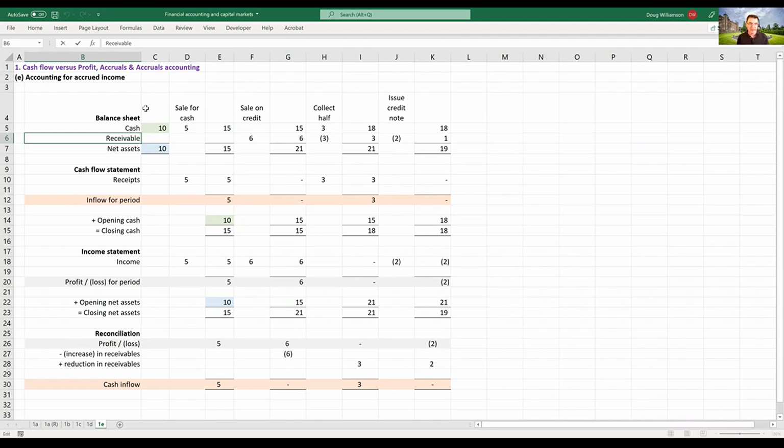So receivables, assets, receivables, and accrued income. Accrued income in the balance sheet is an asset. And then down to the reconciliation, where we've got increase in receivables. Let's expand that too, and accrued income.